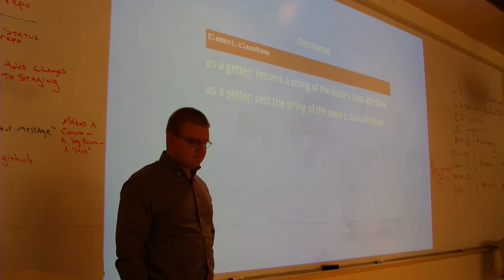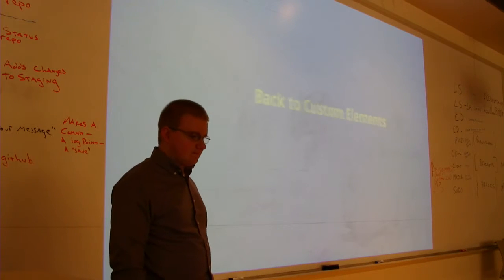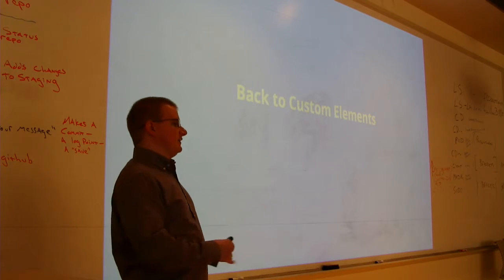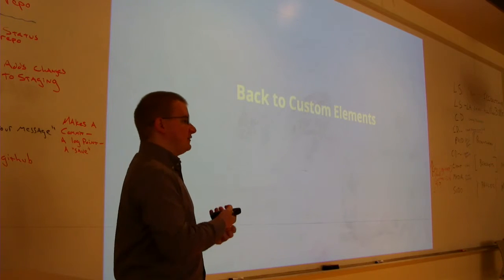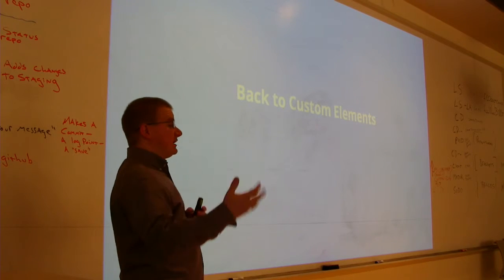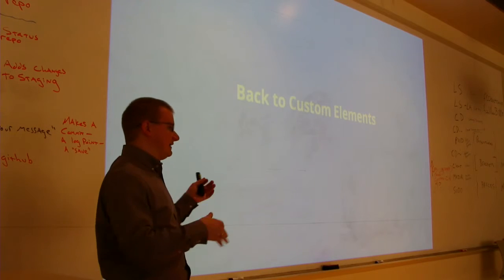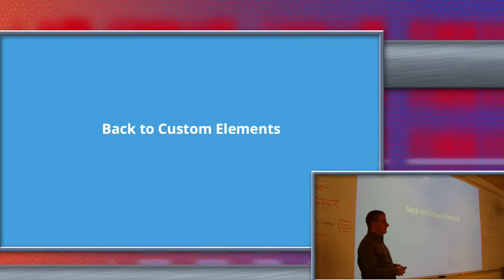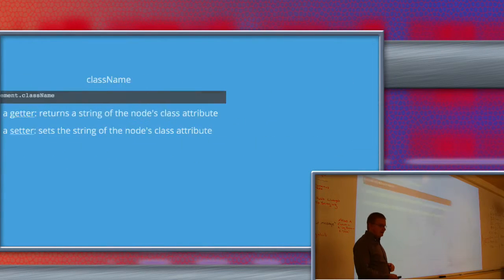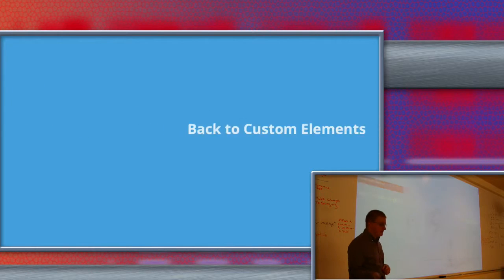So we can get what's in innerHTML, or we can set what's in innerHTML. Exactly. A getter is reading, a setter is writing. That's the difference. A lot of times when we talk about getters and setters, especially in object-oriented programming, we talk about them as function calls, like get something or set something. In this case, I'm using that term in a very generic sense. We're setting or getting a property, and it works differently depending on how you use it.